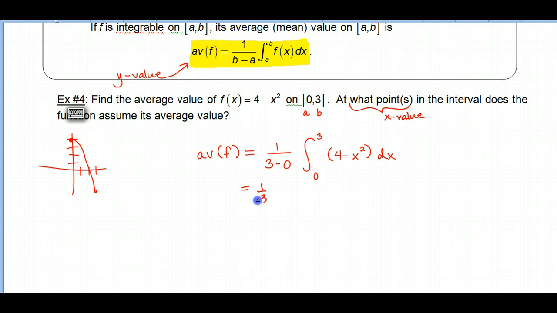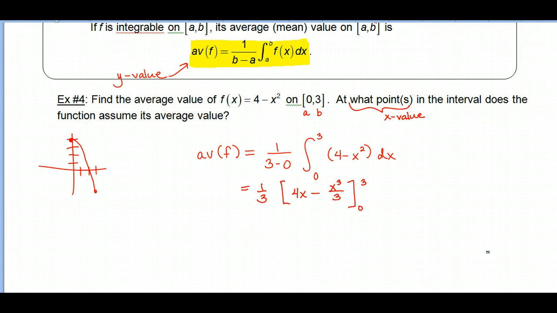We get 1/3 times the antiderivative of 4 minus x squared. Think of the 4 as 4x to the 0, so if I add 1, it becomes 4x to the first. So we get 4x minus x cubed over 3, and we want to evaluate that from 0 to 3.